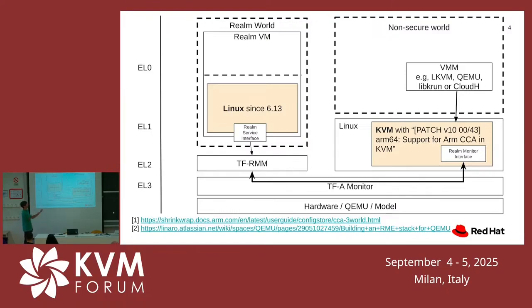Then, in the non-secure world, we have Linux with KVM, with a series of patches that is currently in its 10th version. KVM relies on a realm monitor interface to talk with the TF-A monitor. Then in user space in the non-secure world, of course, you have the virtual machine monitor. Today we have KVM tool, QEMU, Libkrun, and Cloud Hypervisor that support building confidential guests.